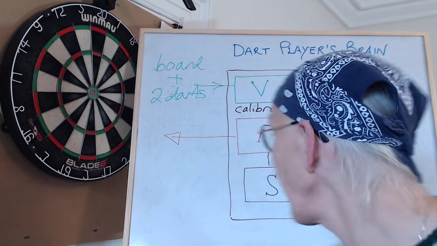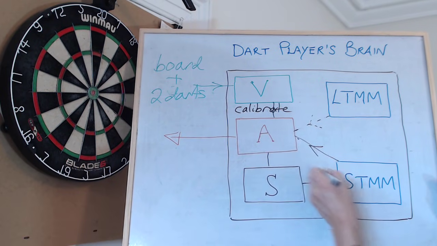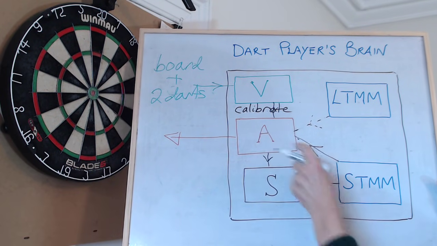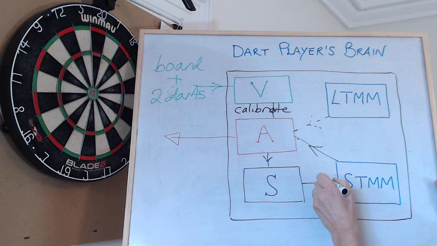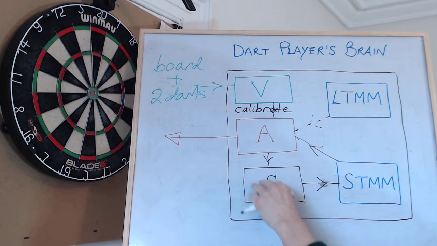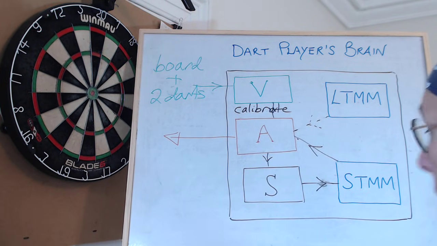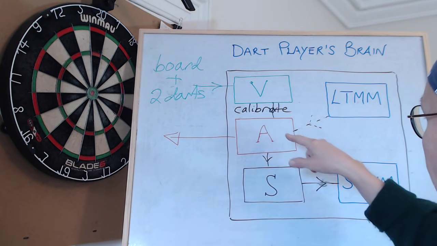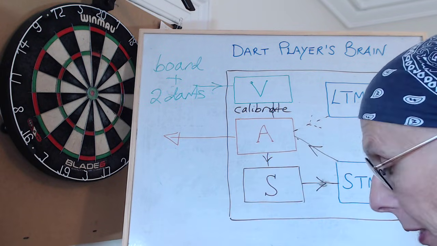All of that's feeding in, and so we have a feedback loop then. So this, oh sorry, wrong way around, feedback loop. So the first and second darts were sensed after they were thrown. That fed into our muscle memory as short-term muscle memory, and then feeds back in to the actuator.